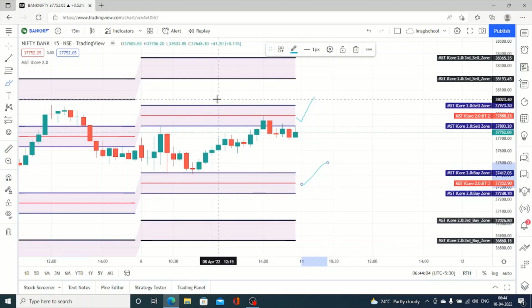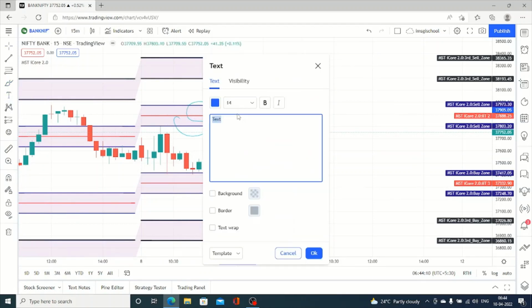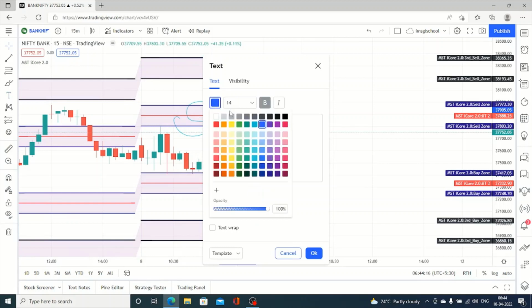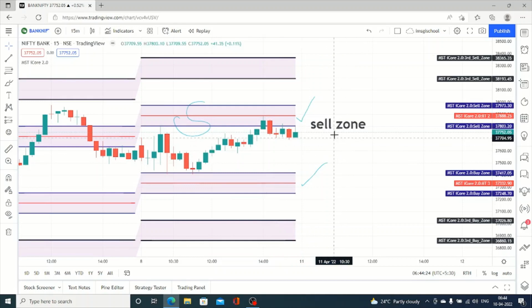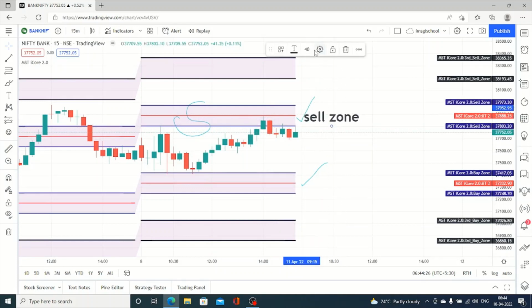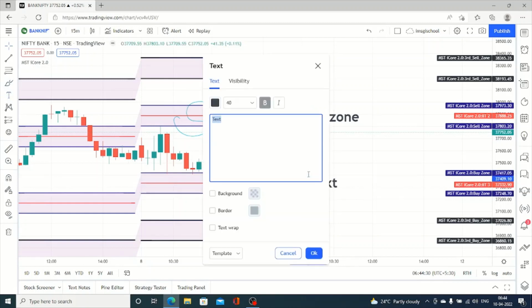This one we call the sell zone. Similarly, here we are calling it the buy zone.